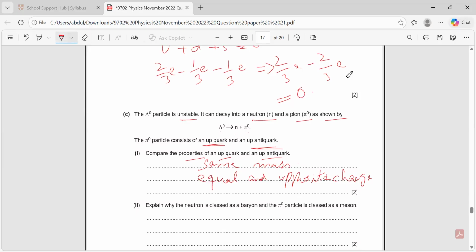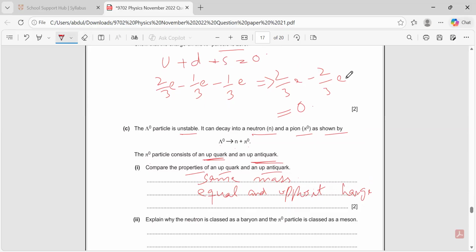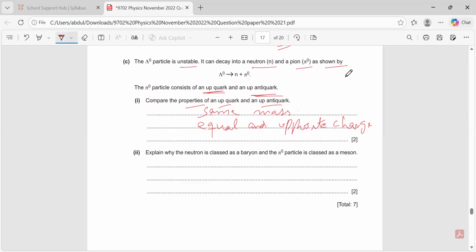Then next is why a neutron is classed as a baryon and the pion particle is classed as a meson. Baryons are those which have 3 quarks. You can see here, neutron has 2 down and 1 up quark. Whereas mesons have only 1 quark and its anti-quark.